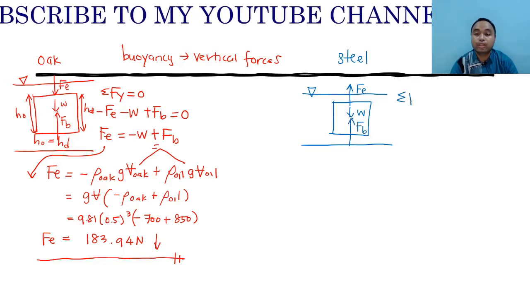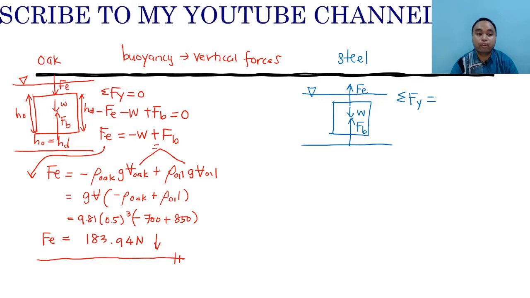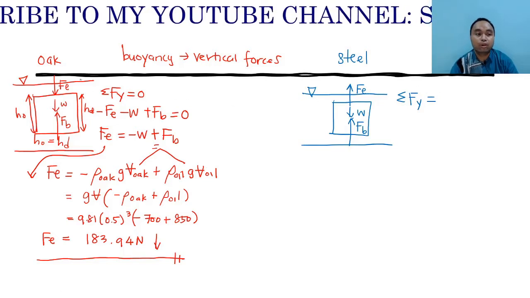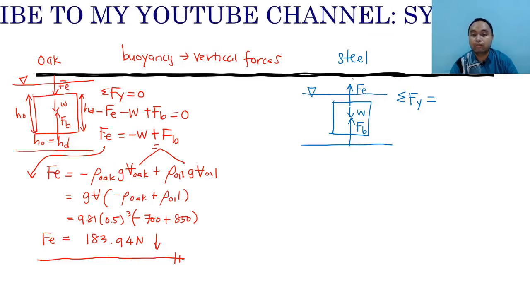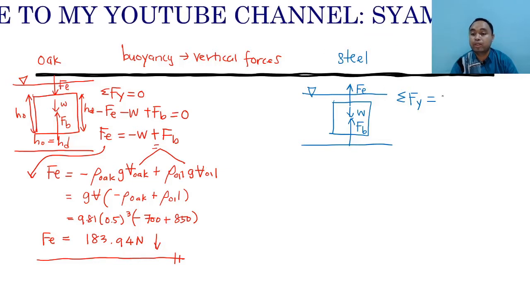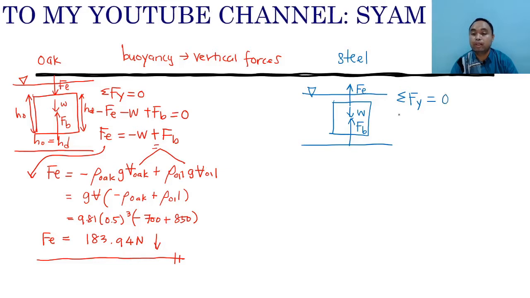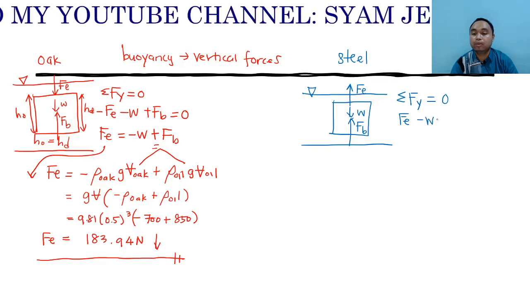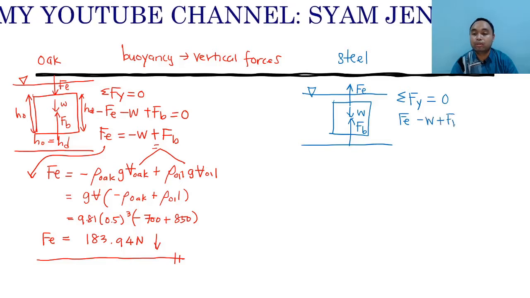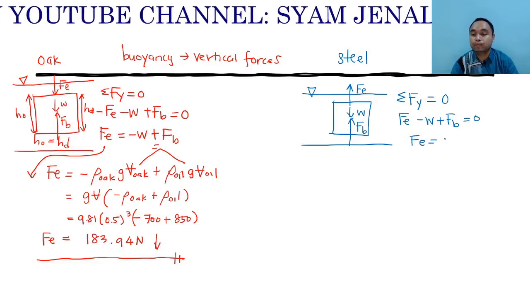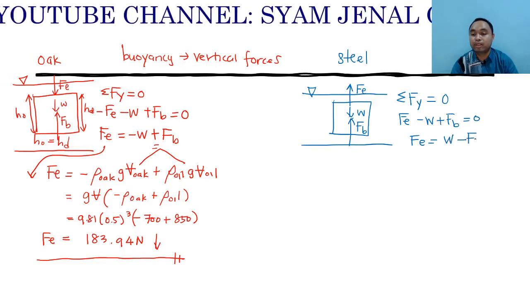So if you do summation of Fy, it will be different from the oak block, because for the oak block the force is downward, and for the steel block the external force is upward. It should be equal to 0, and it will be Fe minus W plus Fb equals to 0. So your Fe is equal to W minus Fb.